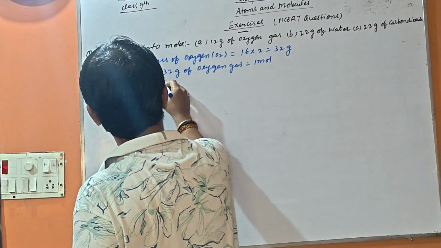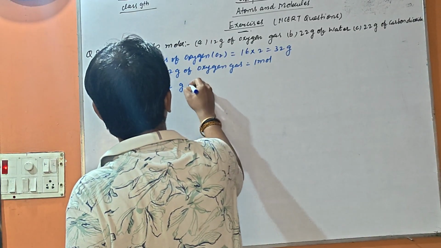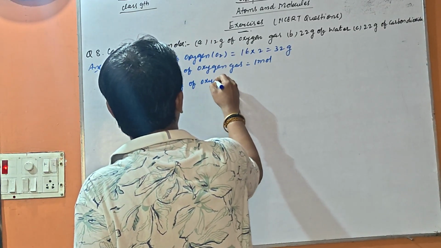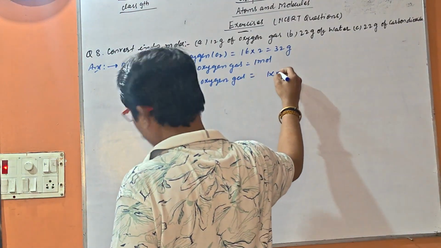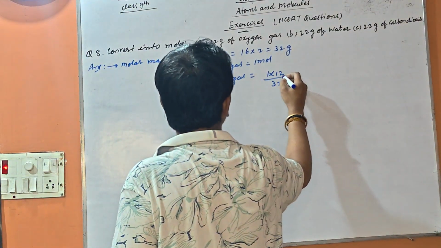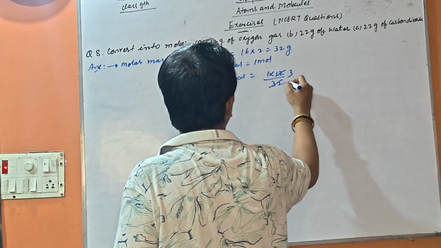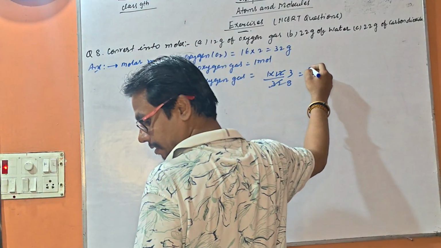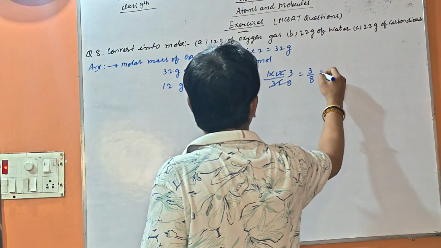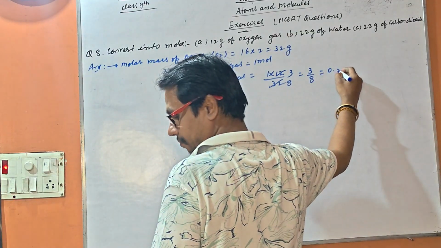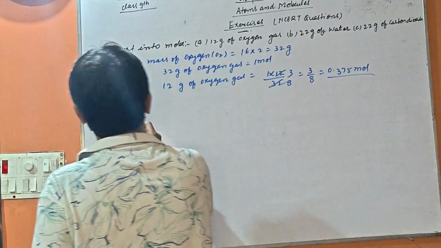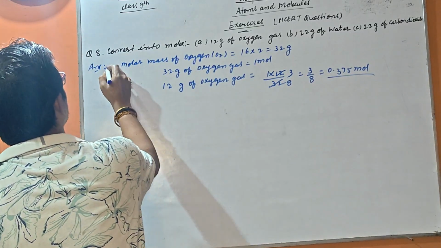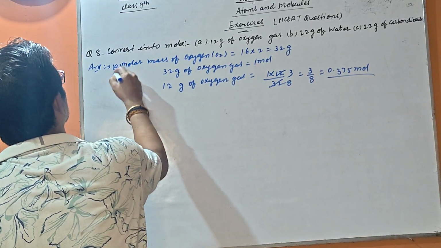Therefore 12 gram of oxygen gas is equal to 1 into 12 by 32, which is 3 by 8, 0.375. This is the answer of question number 8.